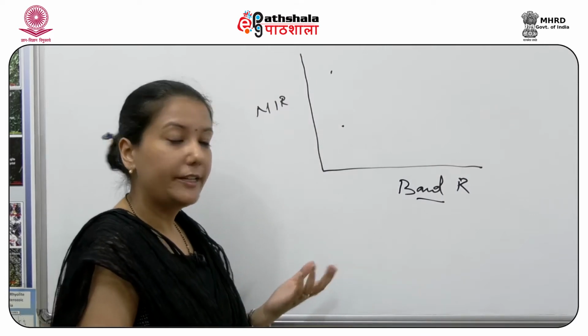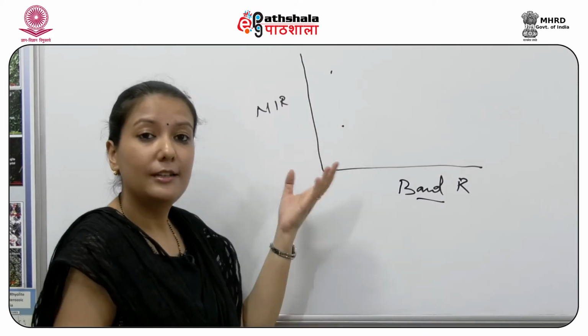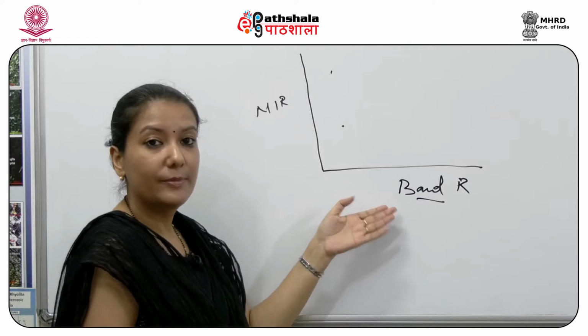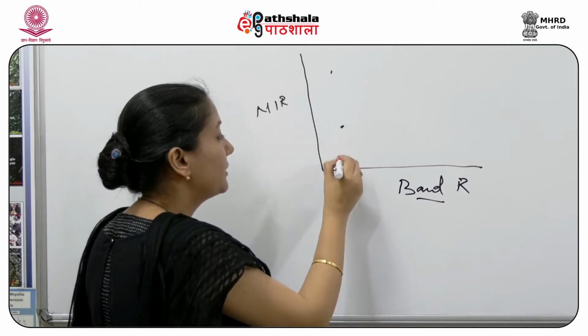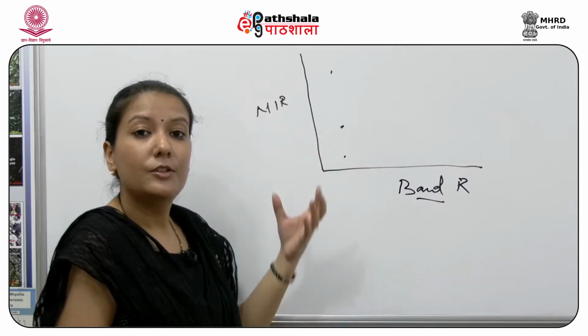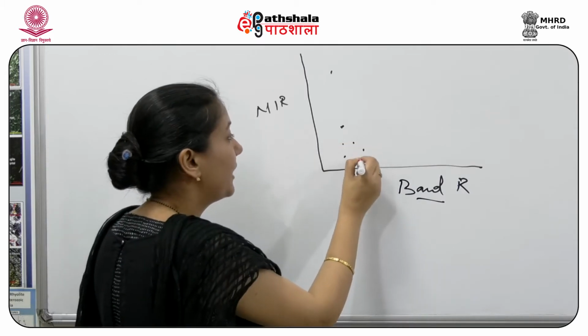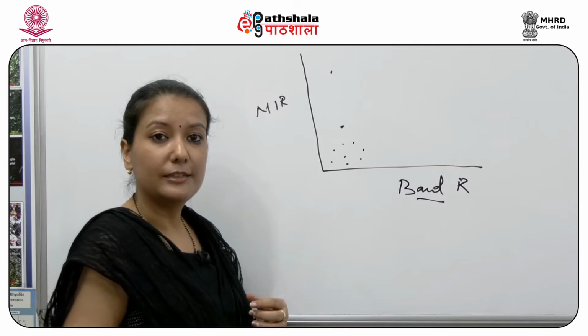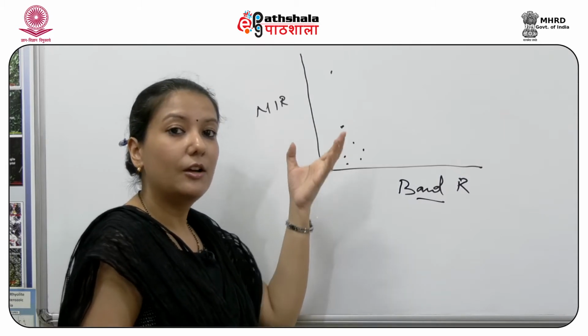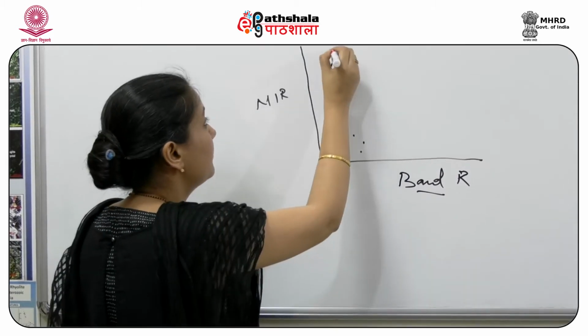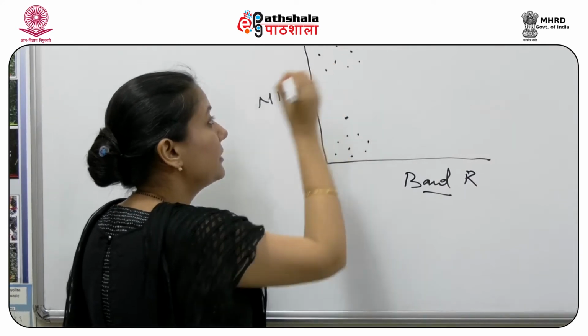However, if it's a water area, then you might have less reflectance in both of these bands, and you might have a water pixel here or even here. So if you would look at the cluster of the pixels, the water pixels might be concentrated at this place, and your agricultural or vegetation pixels might get concentrated at this location.